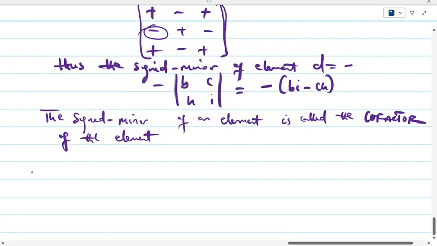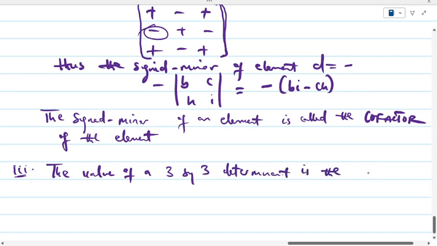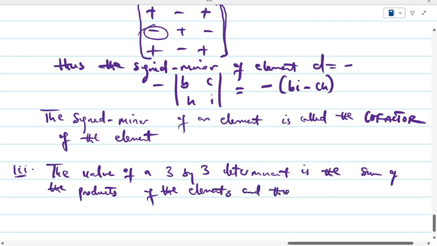So lastly, the last thing to have at the center of your mind, by the time we'll be checking the determinant of a 3 by 3 matrix, is that the value of a 3 by 3 determinant is the sum of the products of the elements and their cofactors of any row or column.